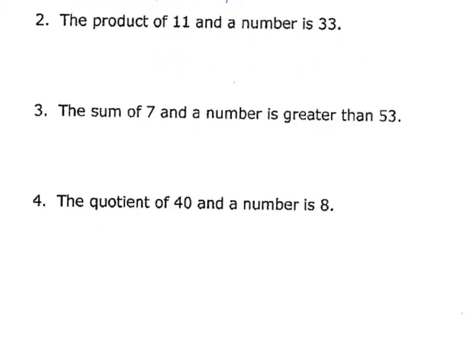Number 2. Let's look for some keywords again. This time it says the product of 11. So we know we're going to be talking about multiplication. It says the product of 11 and a number, so we know that a variable is multiplied by 11, so we have 11 times x, or 11x, is.